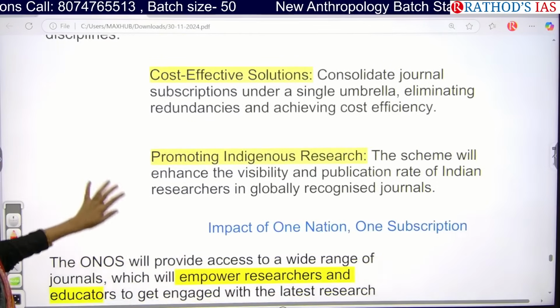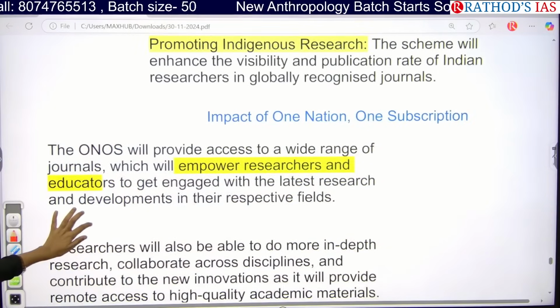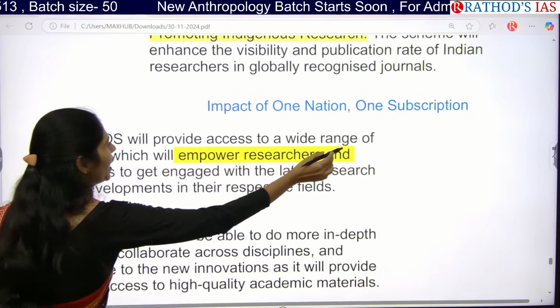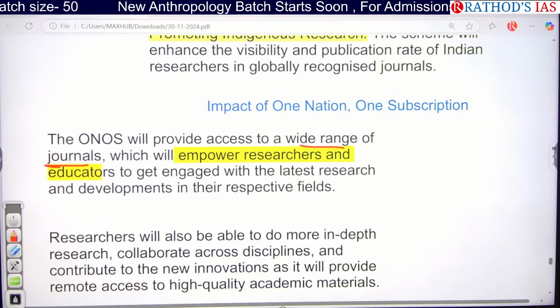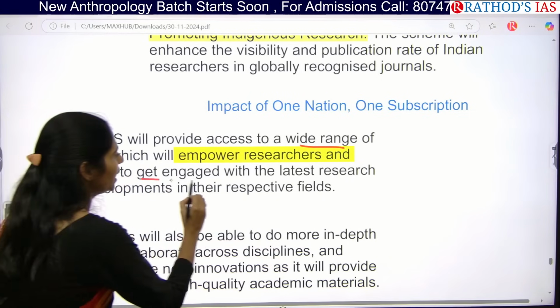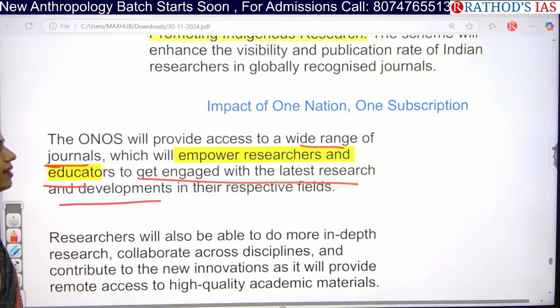And one more important article in today's news is One Nation, One Subscription. Have you seen that news? So what is this One Nation, One Subscription? It is going to provide access to wide range of journals, so that here it will be empowering the researchers and as well as educators to get engaged with latest research developments.